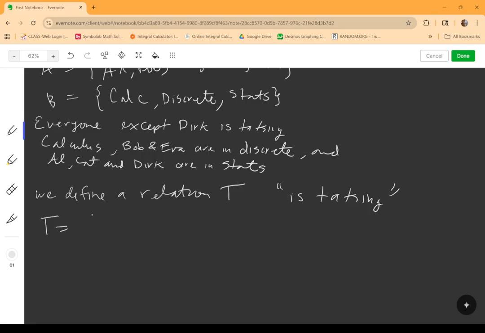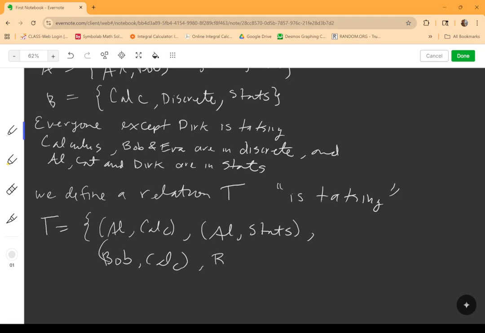So T is going to be defined by the student Al, and we can see Al is in calc, and he's also in stats. Then we move over to Bob. Bob is in calc, and also Bob is in discrete.